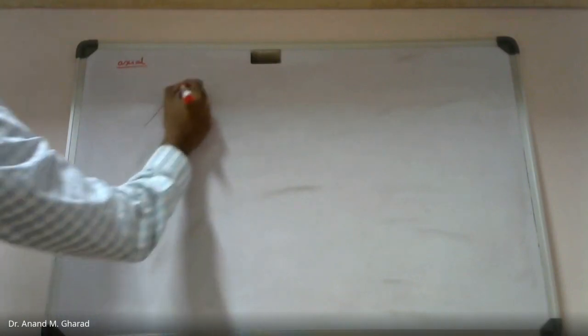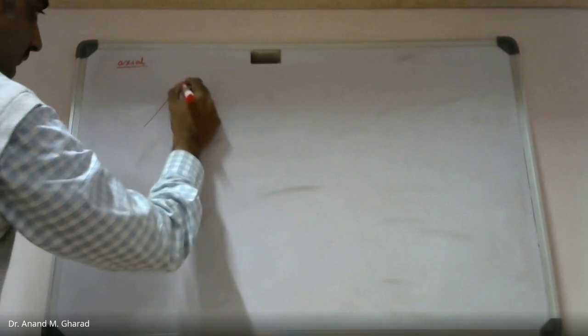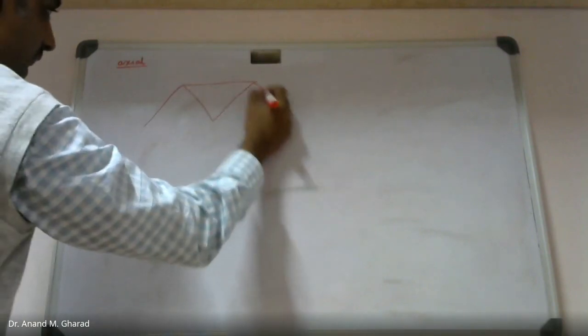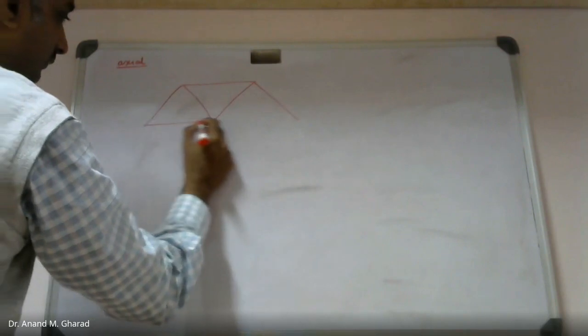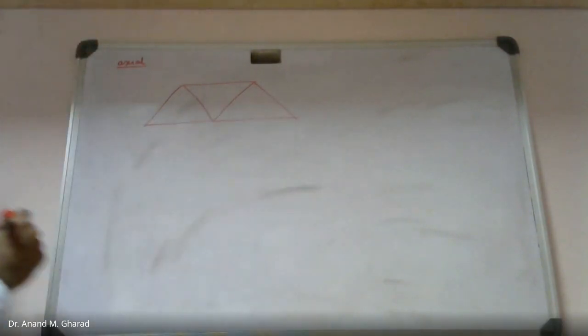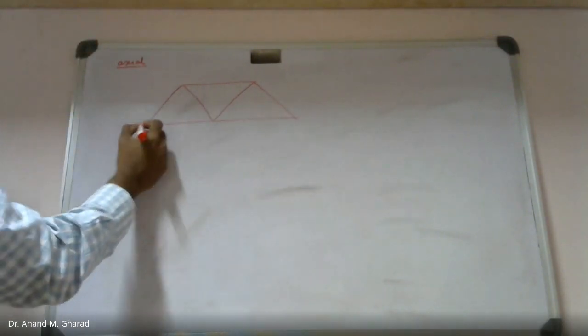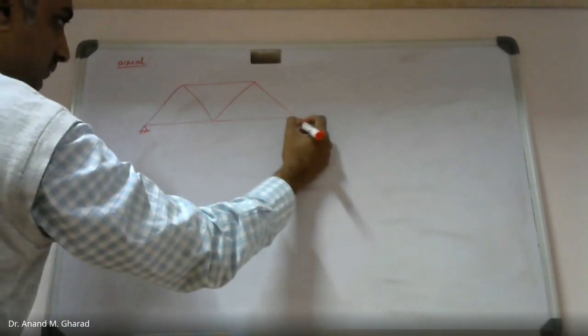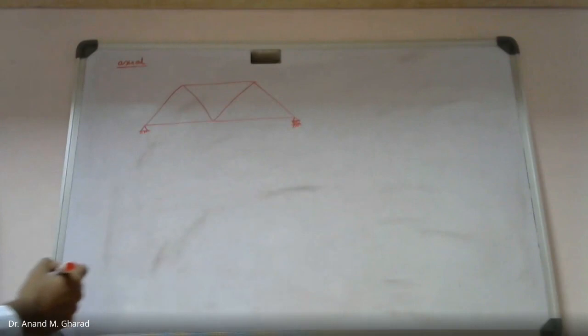By this, what I am trying to say is, finally you are supposed to draw this figure. This is the given numerical, and in that you have this hinge, and this one to be roller support.